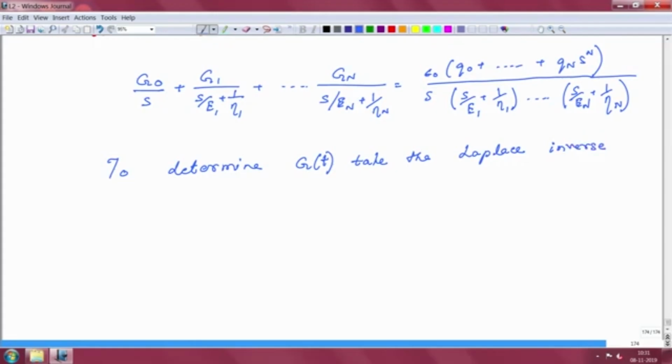And when you do the Laplace inverse, g t becomes, so the first one is g naught by s, so that will simply be g naught, and in each of the other cases you will have g 1 multiplied by an exponential function, and the exponential function will be such that it will be t by eta 1 by E 1, right, and all the way till g n.